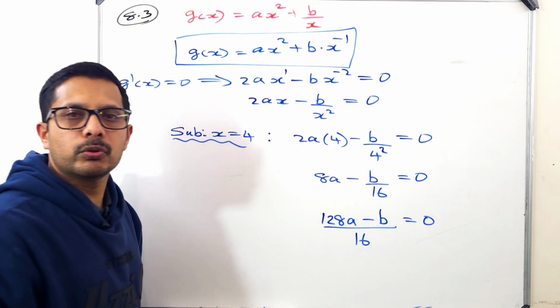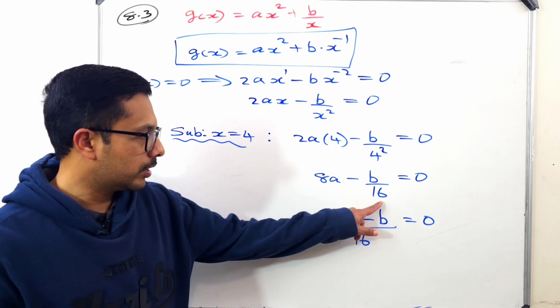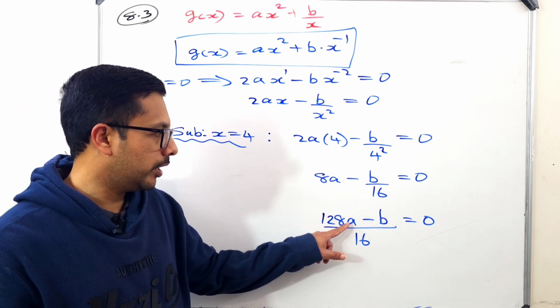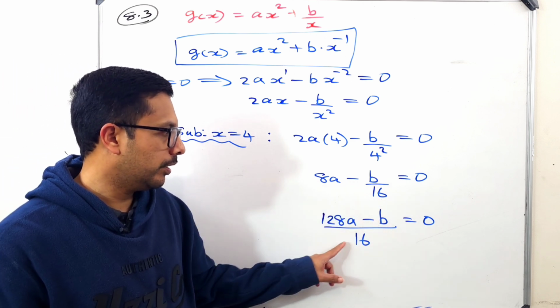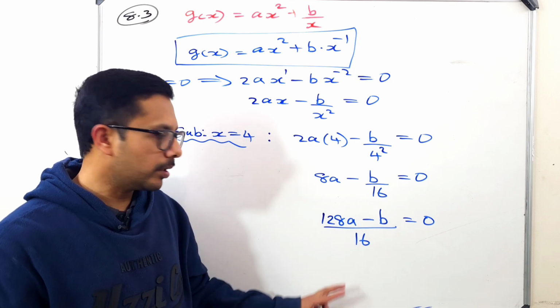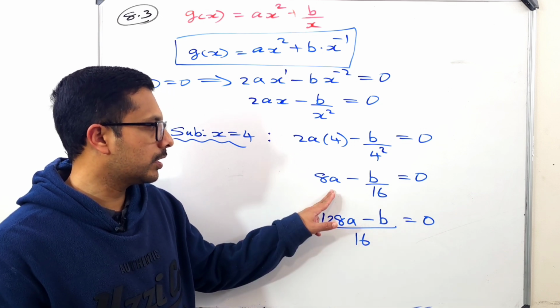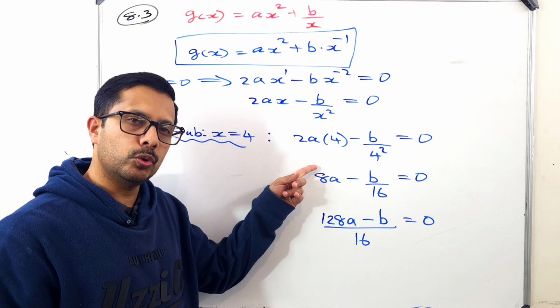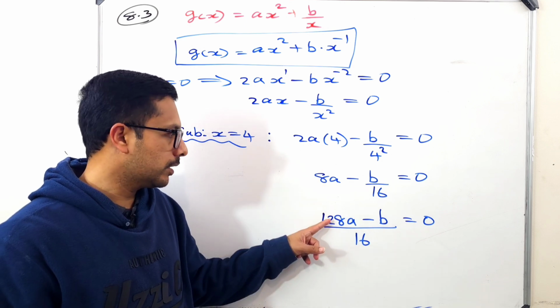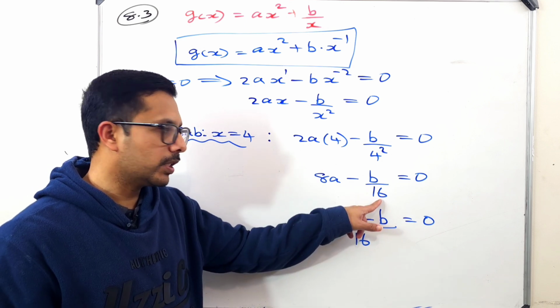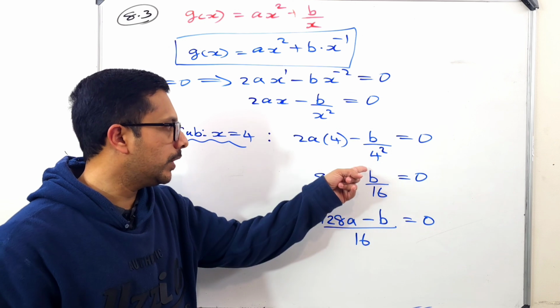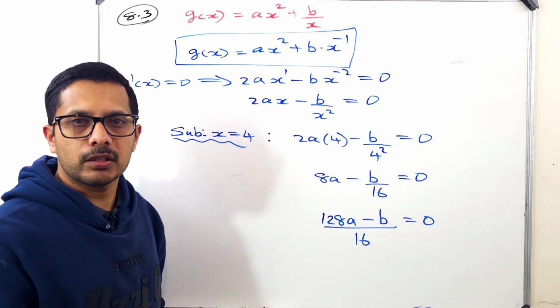In effect, I took the LCM, that's all. Take the LCM as 16: 16 times 8a is 128a, and 16 divided by 16 is 1, times b. In effect we are doing the same thing.